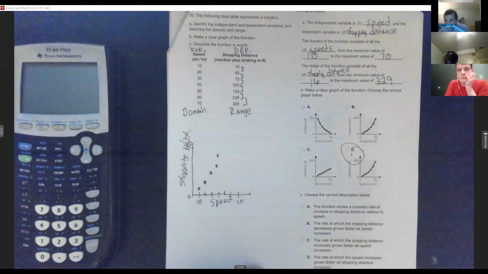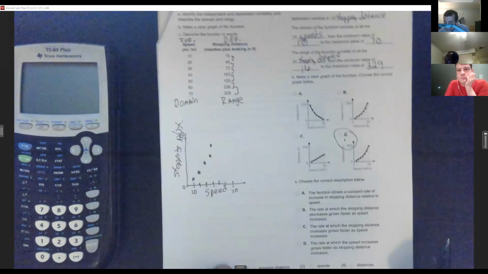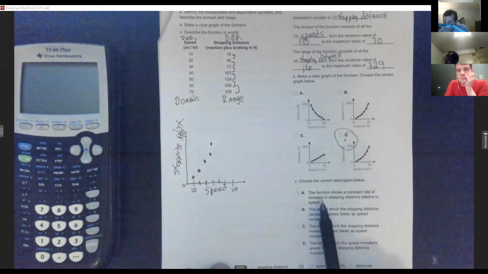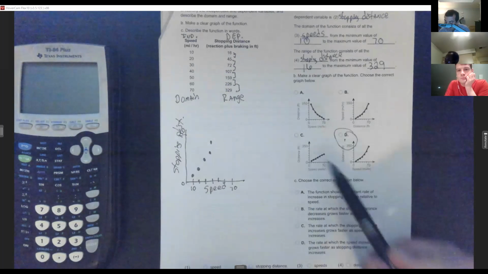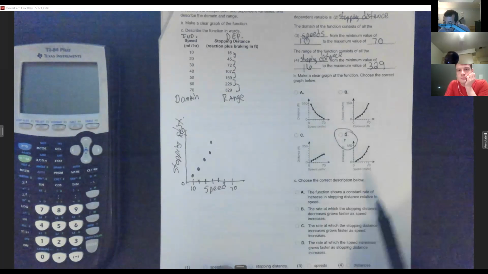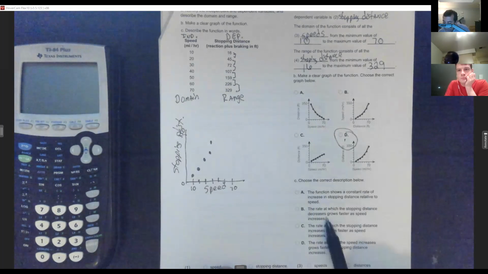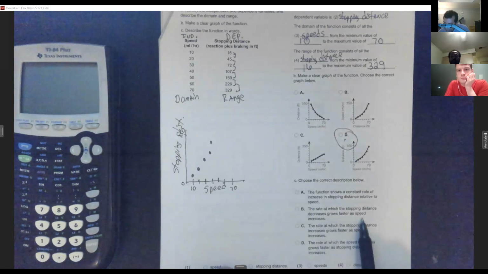And then once again, it's going to ask you this. So it shows a constant rate of increase. No, because constant would be a straight line. The rate at which the stopping distance decreases grows faster as speed increases.